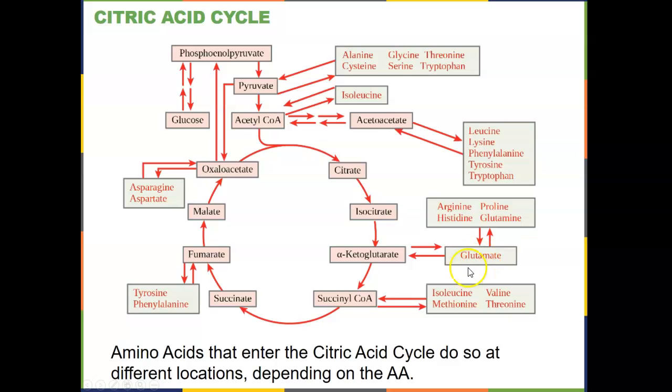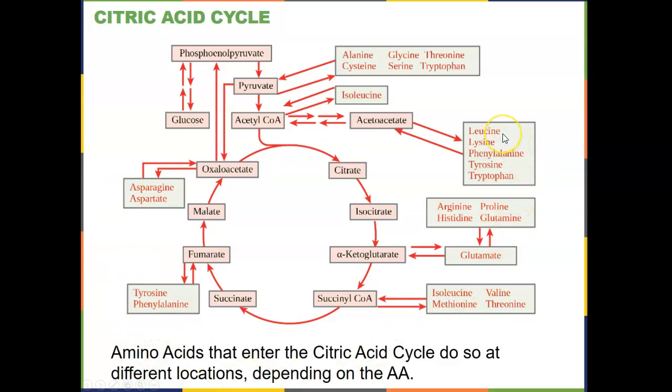That's an amino acid. But we can also take ketoglutarate, this thing right here, out of the citric acid cycle and make glutamate out of it, and use glutamate to make these amino acids. So what we're looking at right here is this system's ability to participate in us converting one amino acid into another amino acid and making a lot of the amino acids that we can make. We can't make all of them.